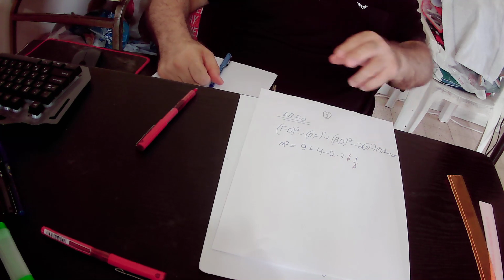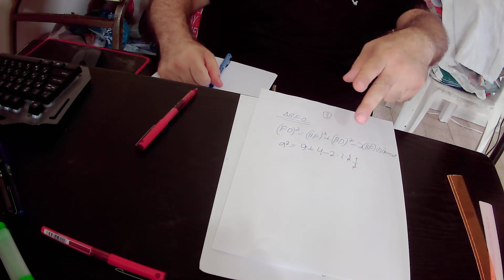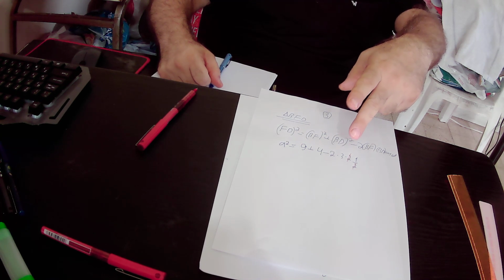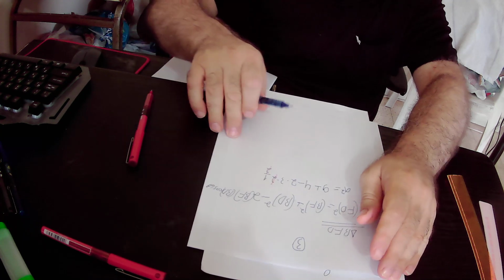Okay, so in total we got that A square equals 9 plus 4, this is 13, minus 2 times 3, that is 6.